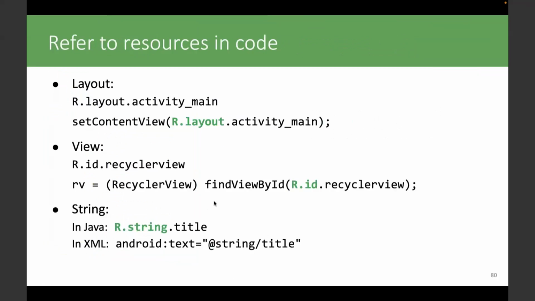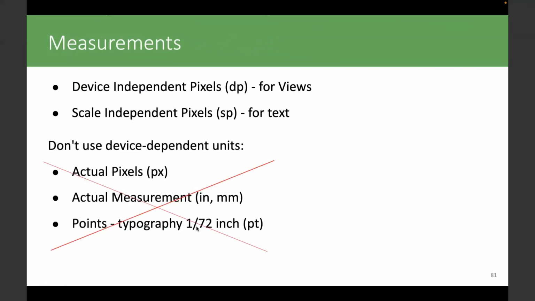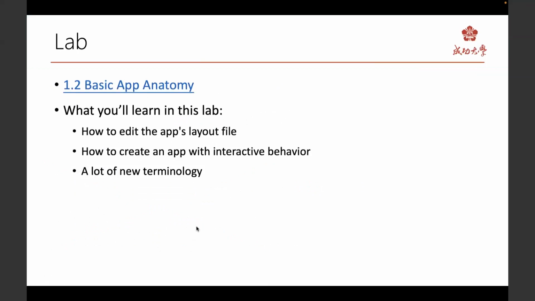To reference the resources, we can use the R object. For example, if you would like to reference a string, you can say R.string dot the ID for the string resource.